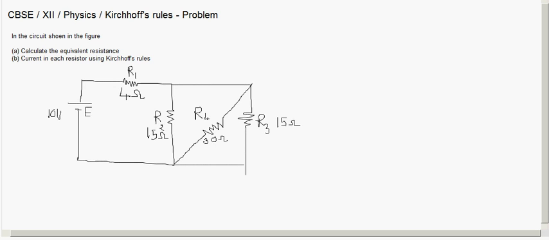This is the network. Take down this network. First question is calculate the equivalent resistance, and the second one is find out the current through each branch using KVL and KCL.